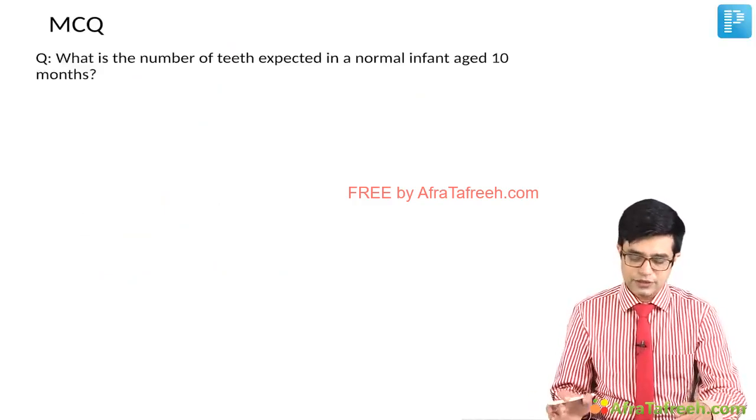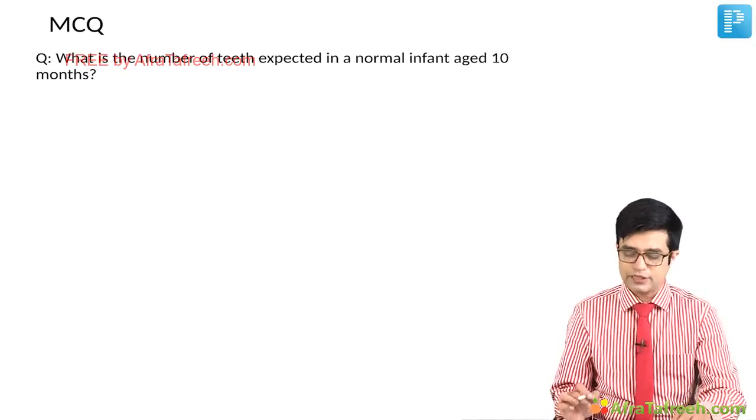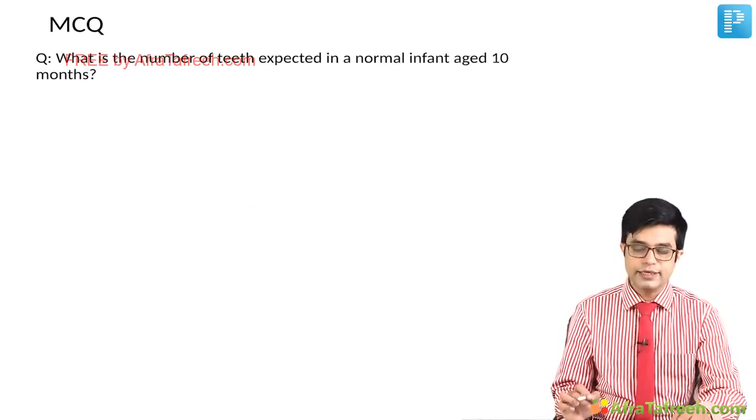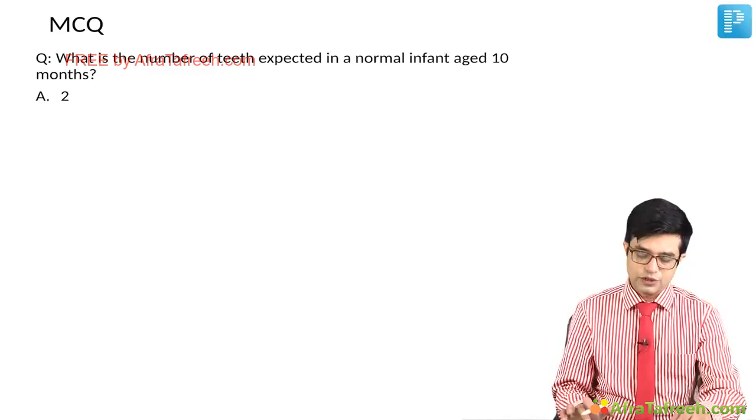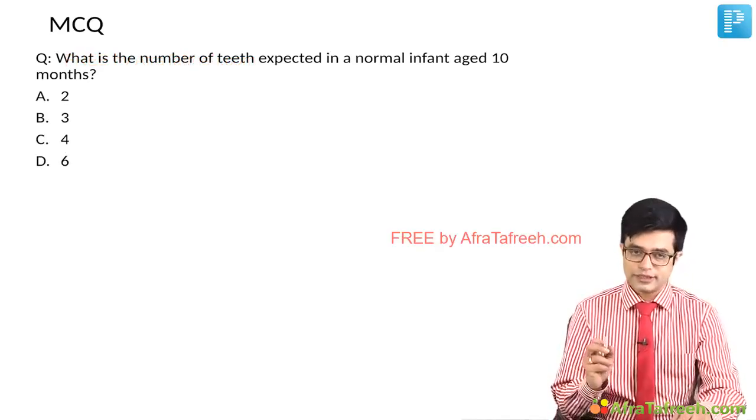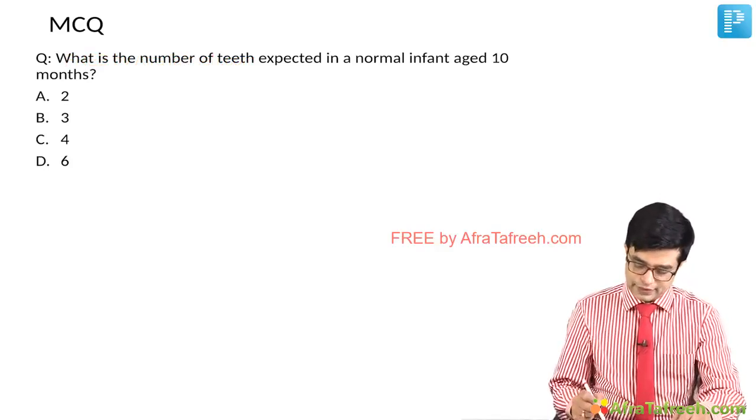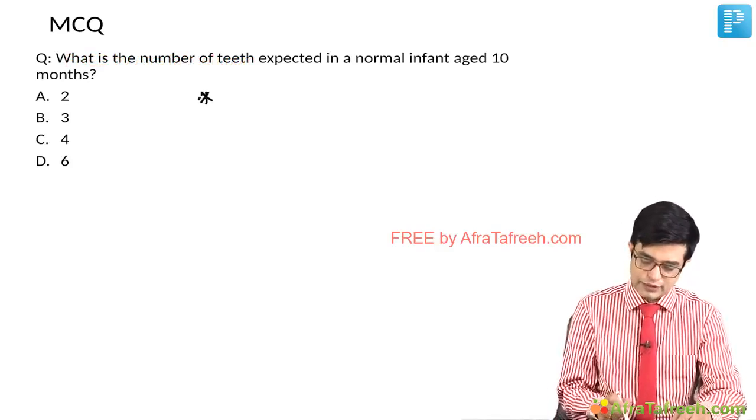The question may ask you, what is the number of teeth expected in a normal infant aged 10 months? Options will be 2, 3, 4 and 6. To solve a question like this, remember that there is a formula for that.